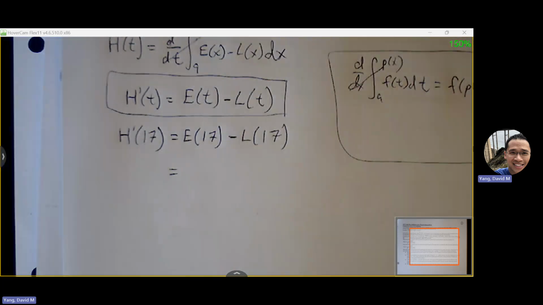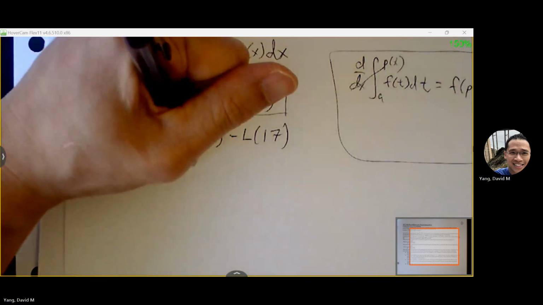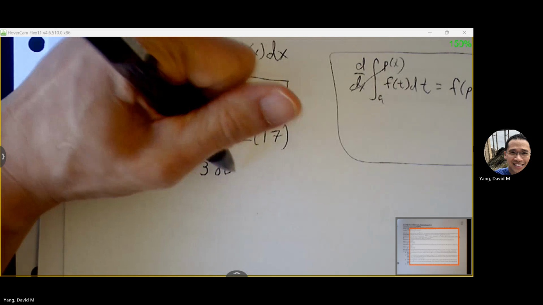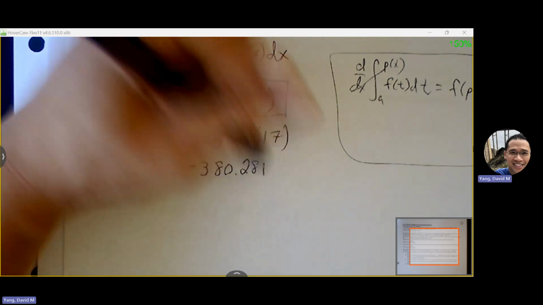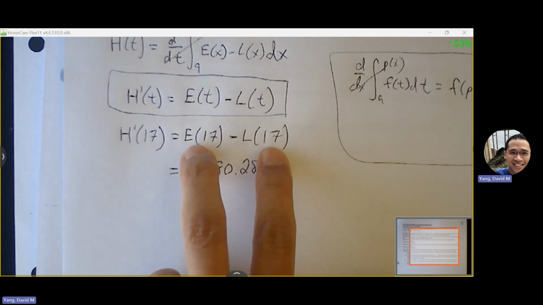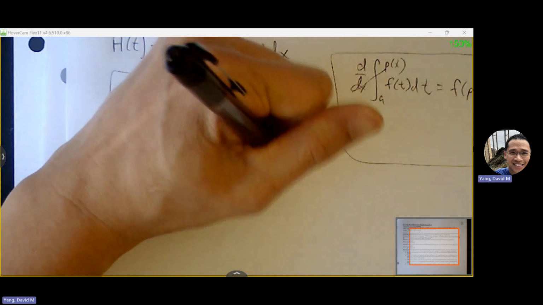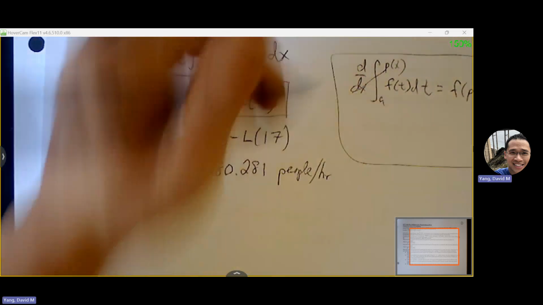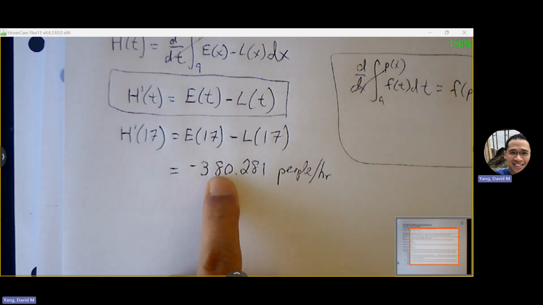So I got negative 380.281. Now, E of t and L of t are both in terms of what? What's the unit of measure here? Are they people or people per hour? So people per hour. What do you think this negative means?